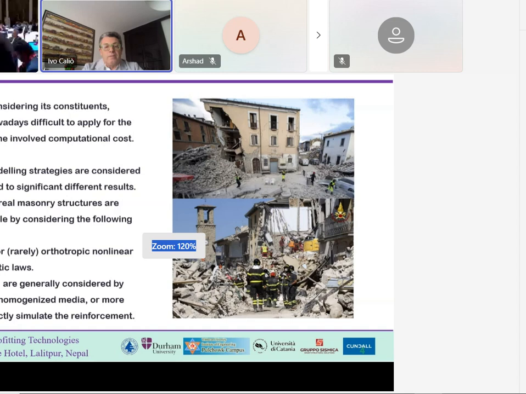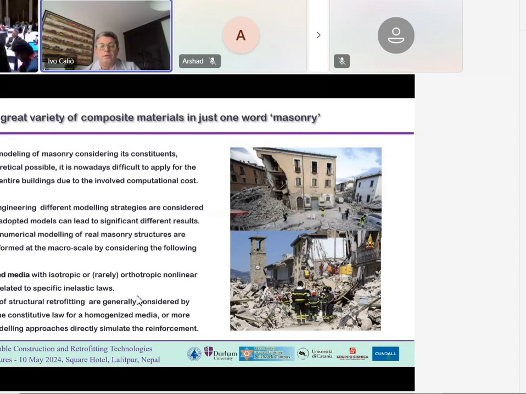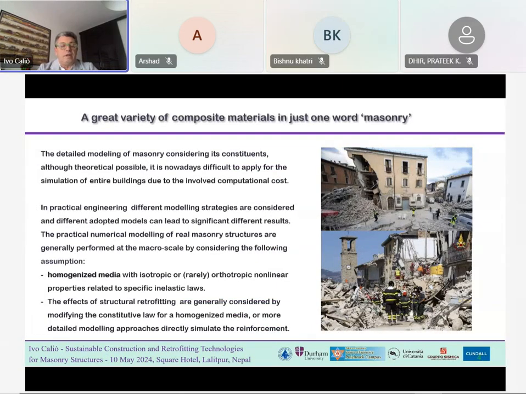The masonry is modeled as a homogenized medium with isotropic or, rarely, orthotropic nonlinear properties according to specific inelastic laws. And the effects of structural retrofitting are generally considered by modifying the constitutive laws for the homogenized medium, or in some cases, considering a detailed modeling of the reinforcement.